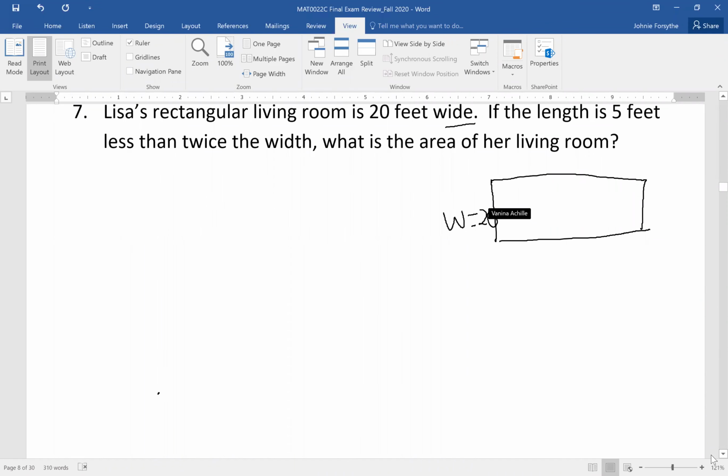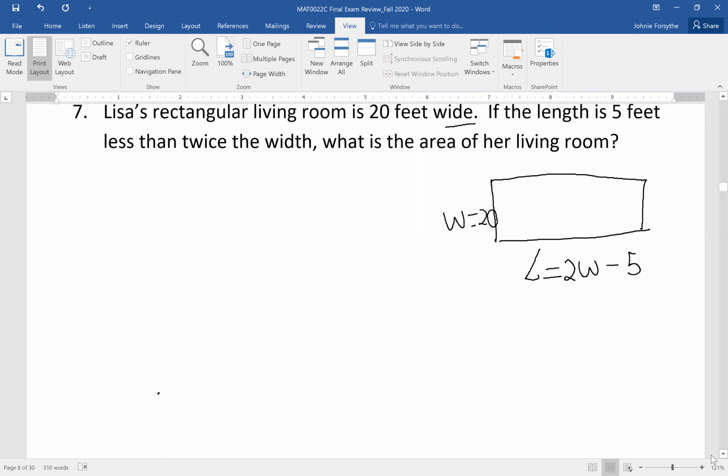The length equals 5 feet less than twice the width. Whenever you hear 5 feet less, put it at the end. So 2 times the width, minus 5.